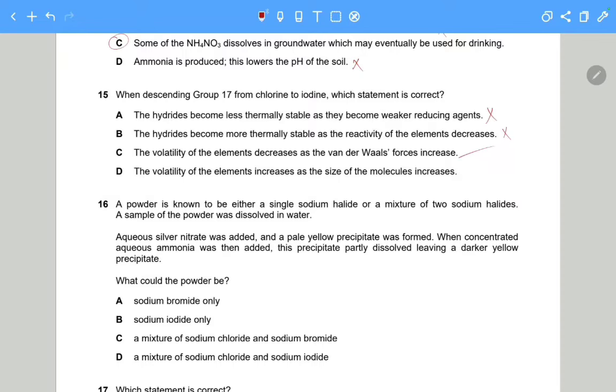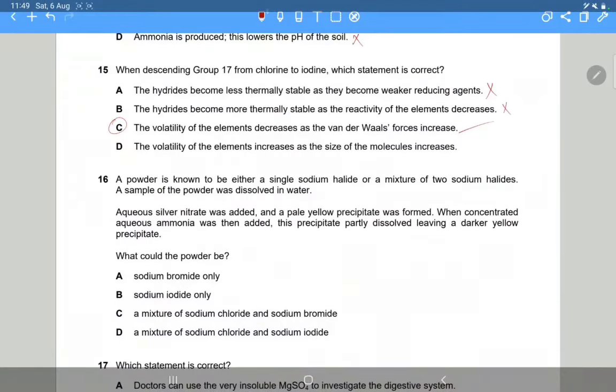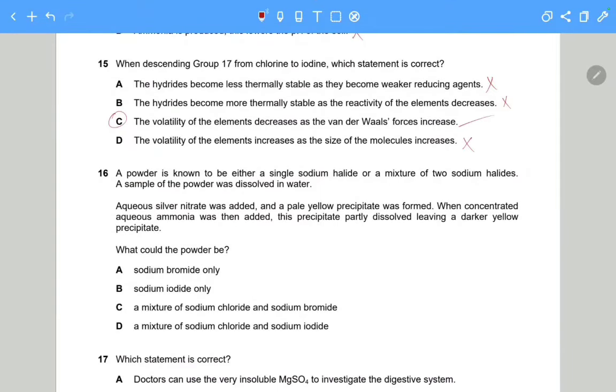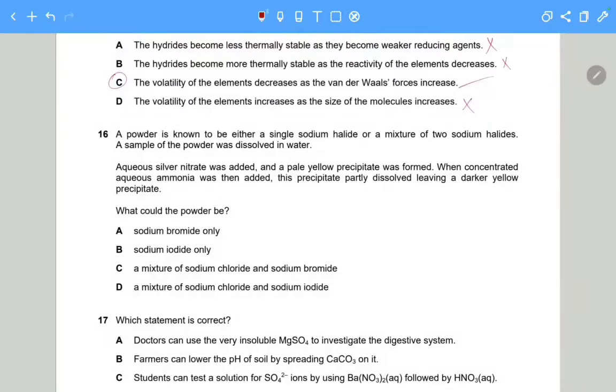Because remember, the more volatile the substance is, the more easily it evaporates, but the stronger the forces, the less easily it will evaporate. So the volatility will be lower. So option C is correct. Option D, the volatility of the elements increases as the size of the molecules increases. This is wrong because of what we discussed in option C.